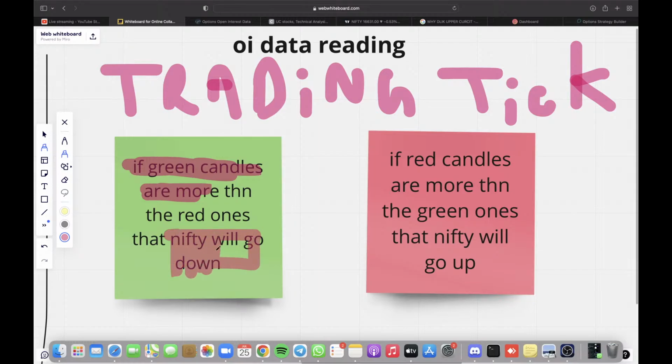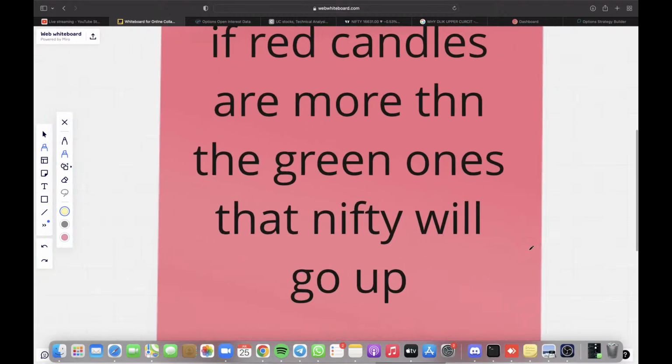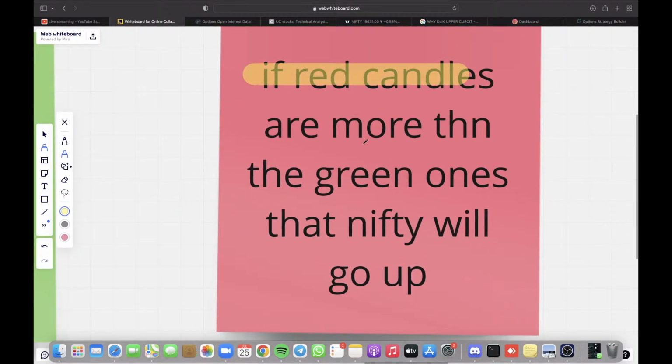If red candles are more here, Nifty will go up.